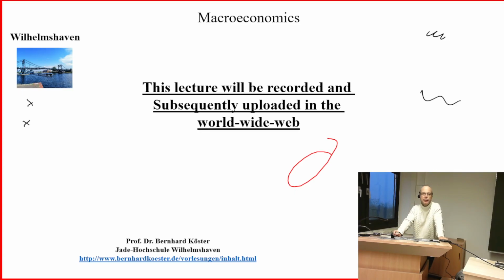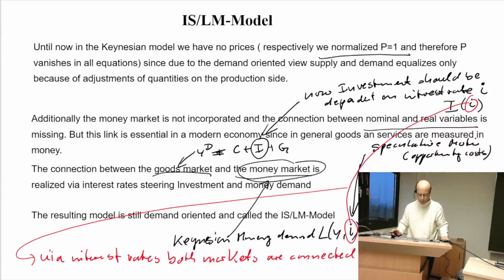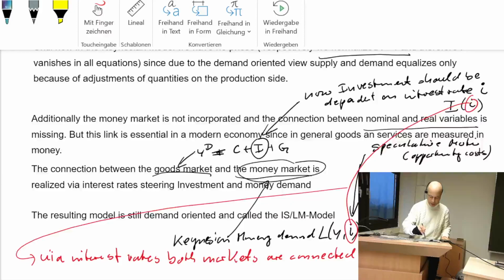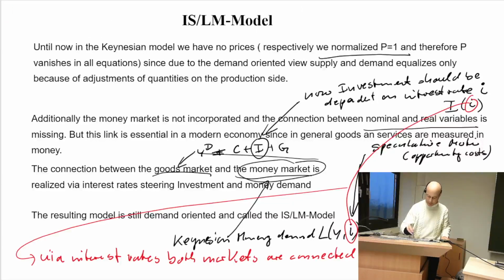And now we will start to expand our theory. And the first step was that we want to connect the goods market or commodity market with the money market, because until now we have not dealt with money as maybe the main medium of exchange in our economy.